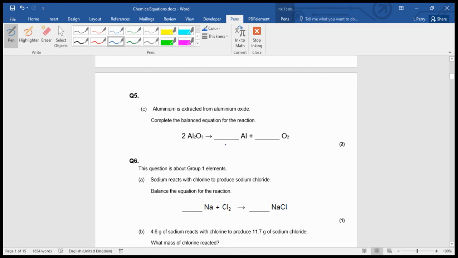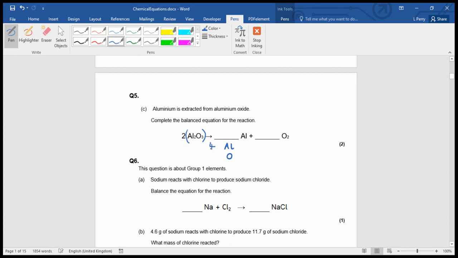Next one, list what I've got. So I've got Al and I've got O. On the left-hand side, remember, a big number before multiplies the whole thing. If it helps you to draw brackets, do it. Some people can do it without drawing them. They can see it anyway. But now I can see I've got 2 aluminiums in the bracket, and that's times by 2.